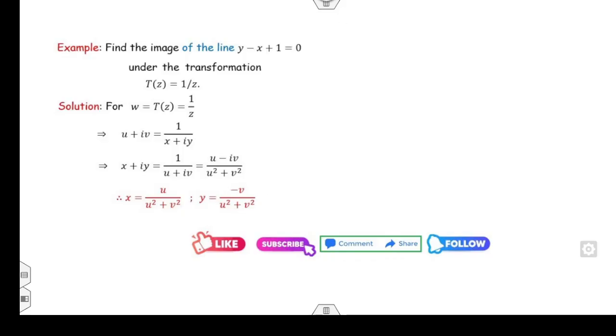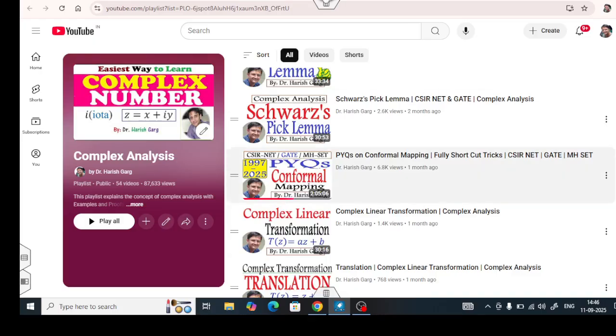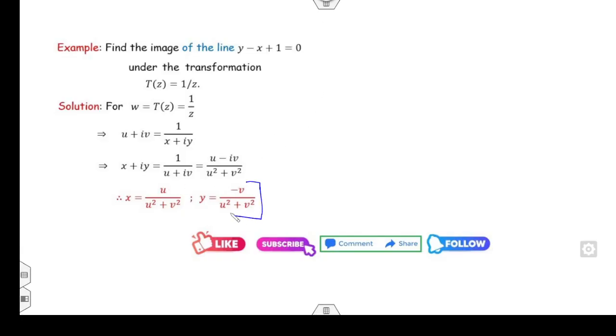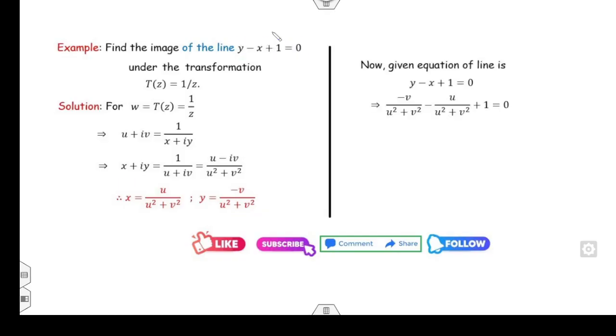Always remember students, I already explained similar kinds of questions in our previous lectures as well. Fine, you can follow this complex analysis playlist. I can substitute the values of x and y in my given equation of the line. Now you can take the LCM. This number is minus v minus u plus u square plus v square is equal to 0. Fine.